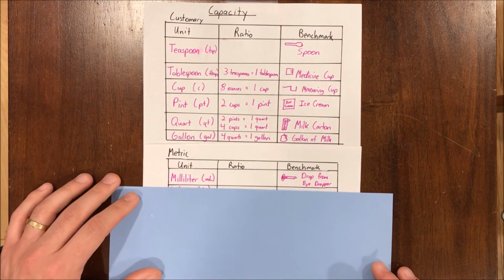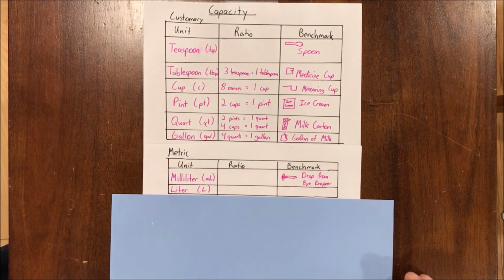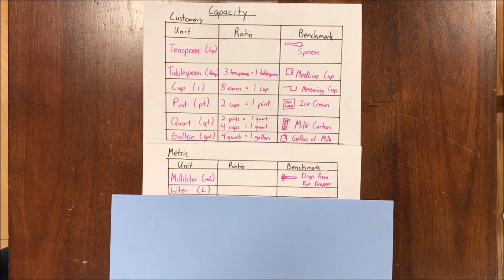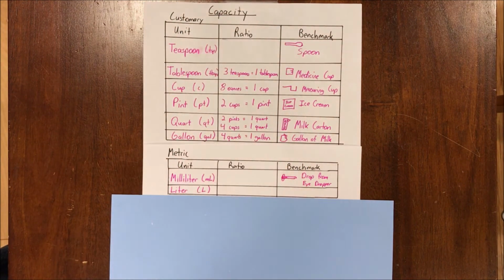All right. The other metric unit we're going to use is a liter. A liter is about the size of a good sized water bottle. This is about 1 liter. So I want you to think about what we learned yesterday about the metric units. About how many milliliters are there in 1 liter, do you think?